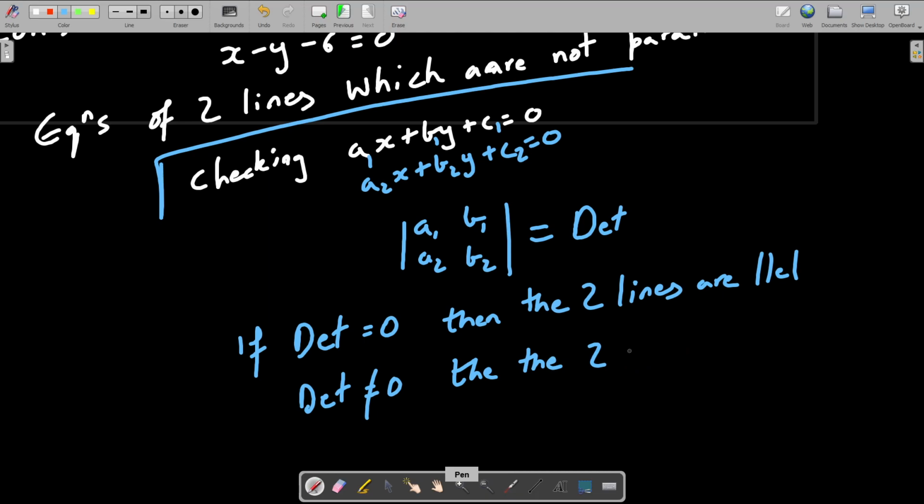In other words, two lines intersect somewhere. Now I can't explain to you geometrically what is determinant right now. That you will learn much later on.